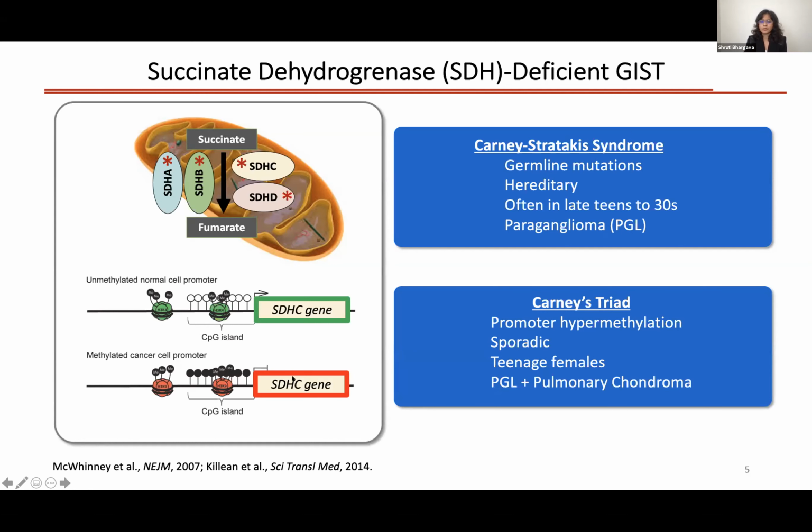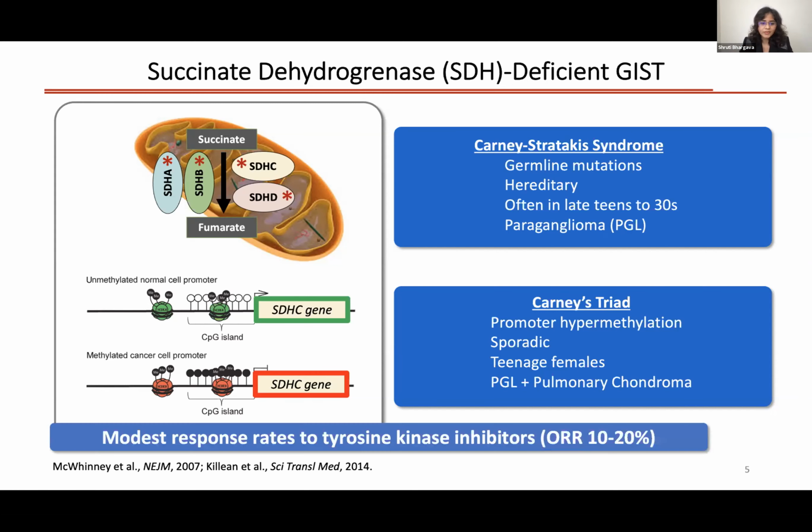So, for example, if the SDHC gene is repressed or the RNA expression is low, then the protein will not be there in the cell, making the complex fall apart, and then there will not be a functional SDH complex, leading to downstream changes: mitochondrial dysfunction, abnormal respiration, and thus a cascade of events that happen in the cell.